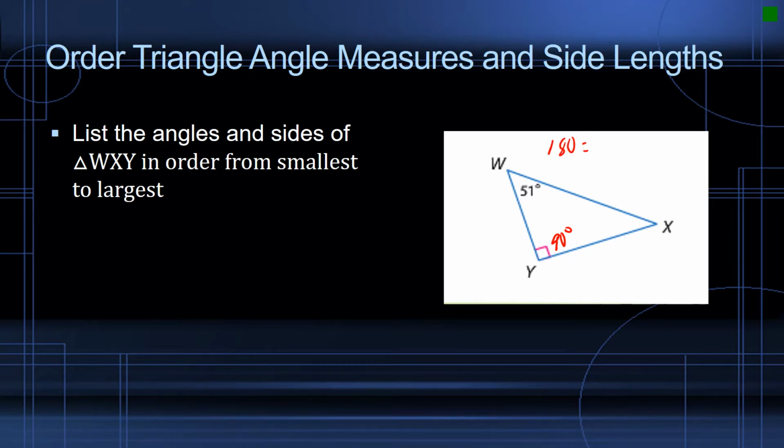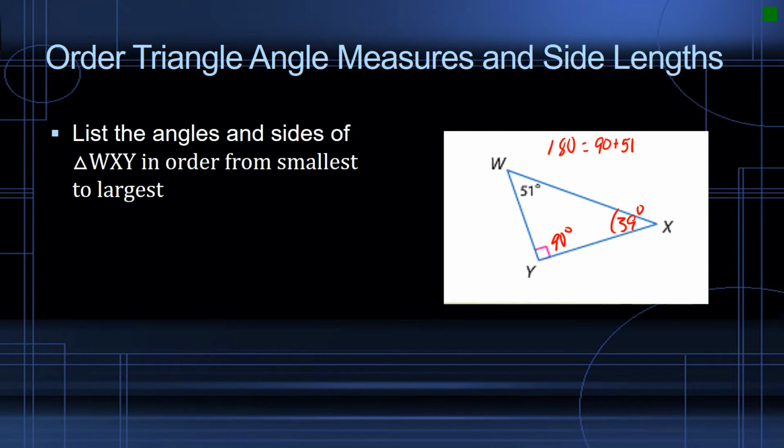All the angles of a triangle measure 180. We know 90. We know W was 51. And so let's see, 90 minus 51 is what? 39. So angle X must be 39.